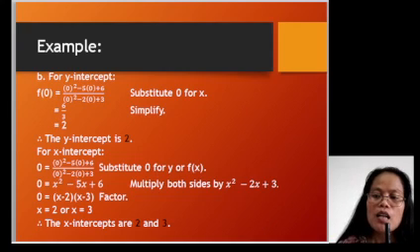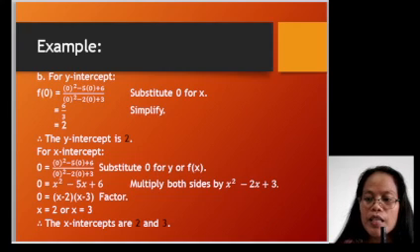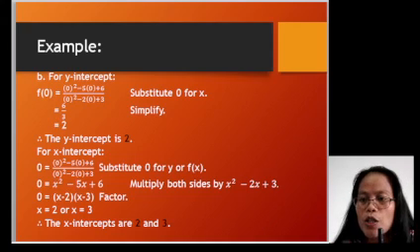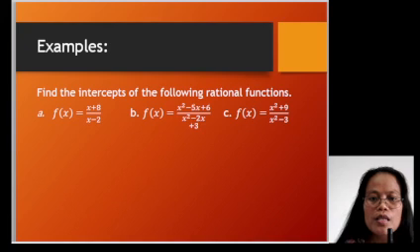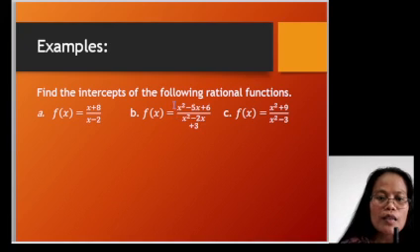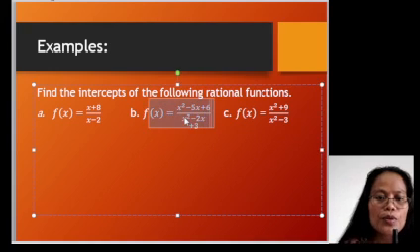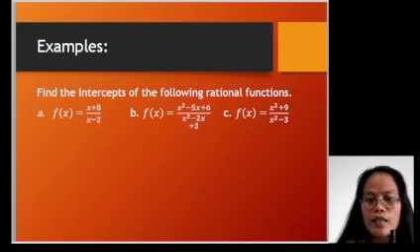Since, diba, the given here a while ago, this number, letter B, f of x is equal to x squared minus 5x plus 6 all over x squared minus 2x plus 3.